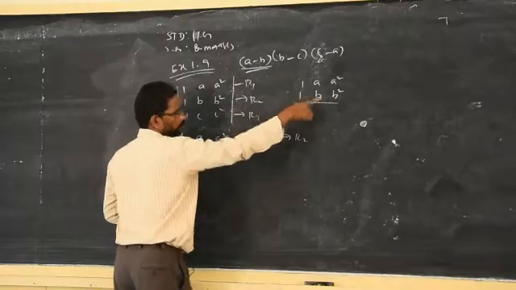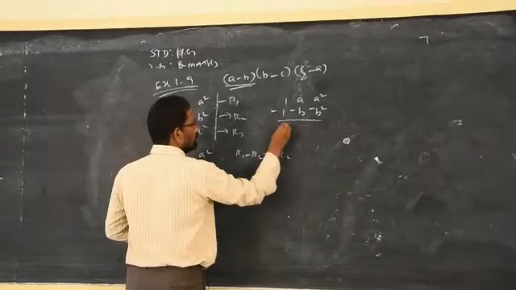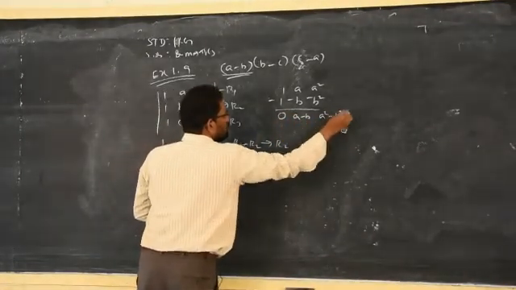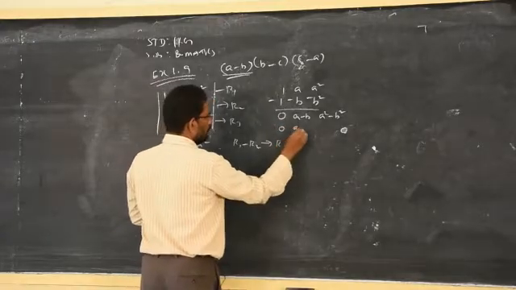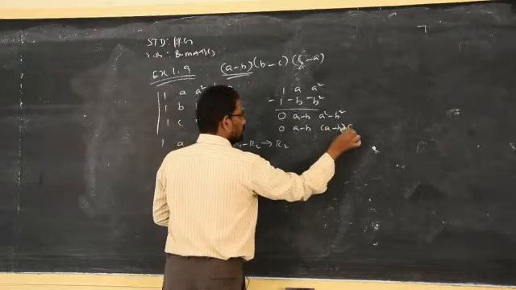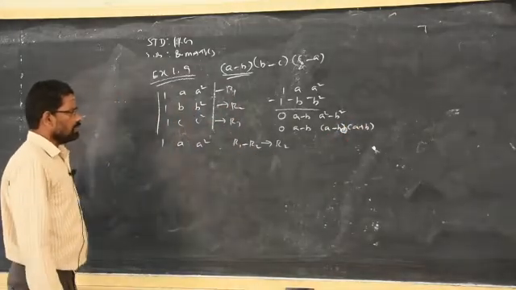You do this in the rough page, subtract these two rows. 1 minus 1 is 0, here I got a minus b, and a square minus b square. This is in the form of the a square minus b square identity, so expand that identity.